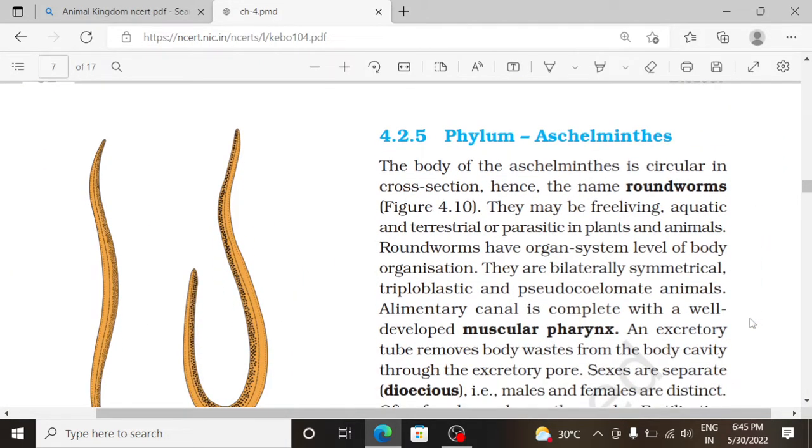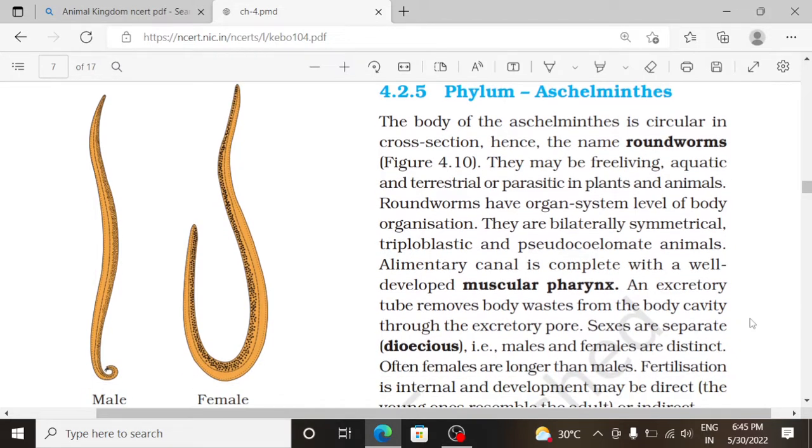Phylum Aschelminthes. The body of Aschelminthes is circular in cross section, hence the name roundworms. They may be free living, aquatic and terrestrial, or parasitic in plants and animals. Roundworms have organ system level of body organization. They are bilaterally symmetrical, triploblastic and pseudocoelomate animals. Alimentary canal is complete with a well developed muscular pharynx.